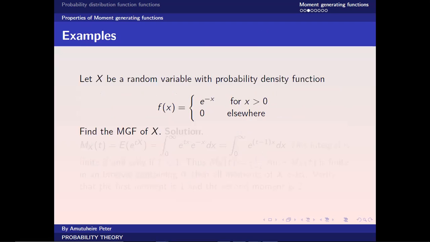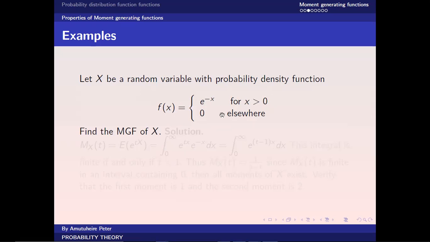Okay, those are the properties. Next, we want to look at examples. The first example is already displayed on your screen. Let x be a random variable with probability density function e to the power negative x, for x greater than 0.